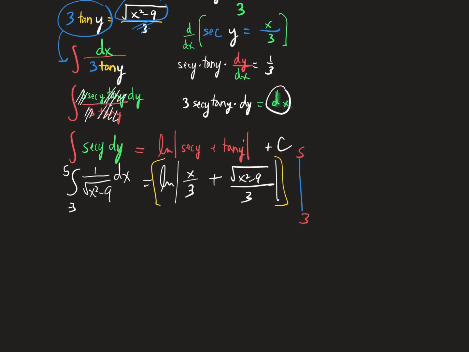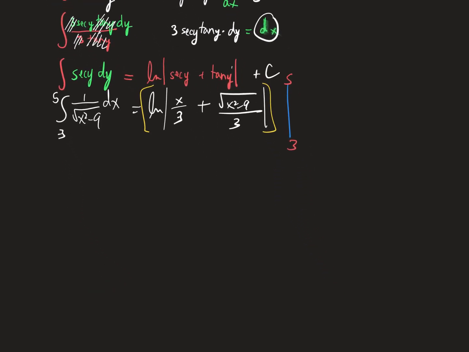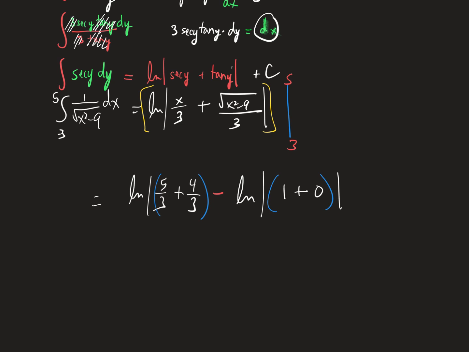So this expression when x is 5 minus this expression when x is 3. So we have the natural log of 9/3 minus the natural log of 1, or just the natural log of 3.